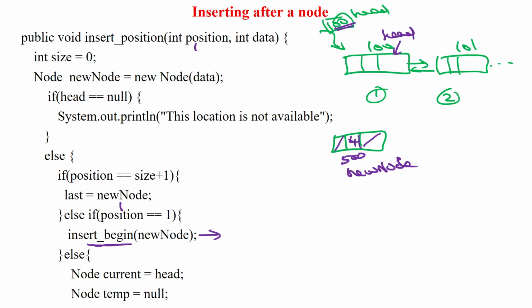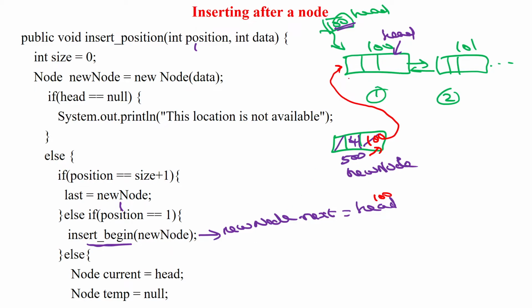Now new node dot next will be assigned to head. So the pointer will be updated, and the new node dot next field is this one. This link will be created. Here 100 is written to new node dot next.